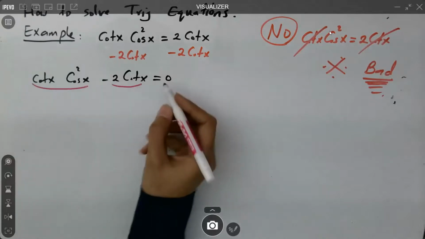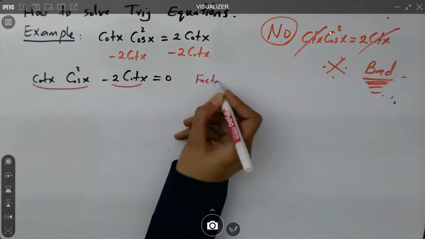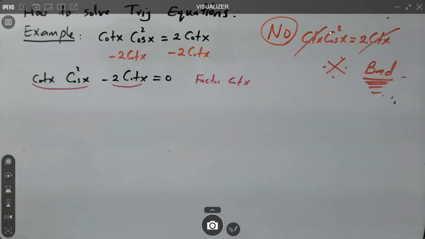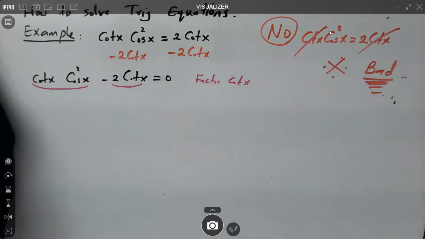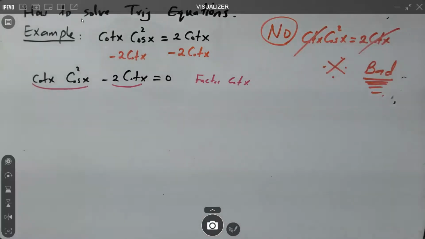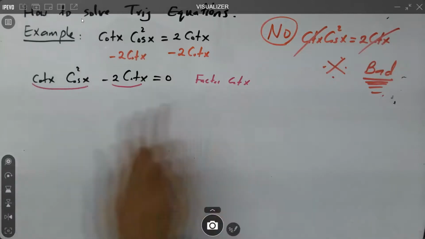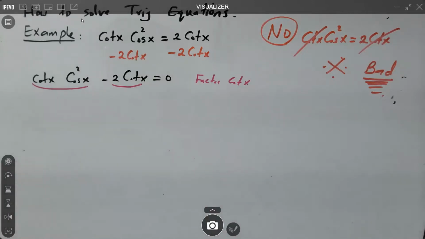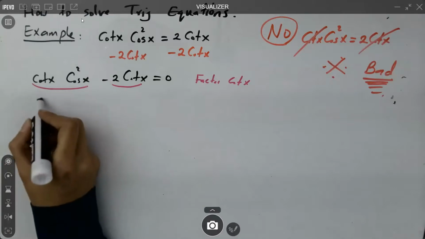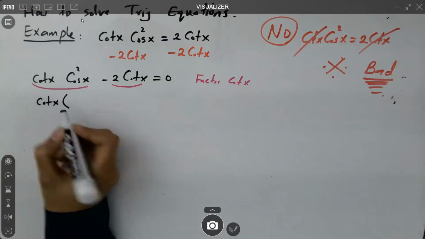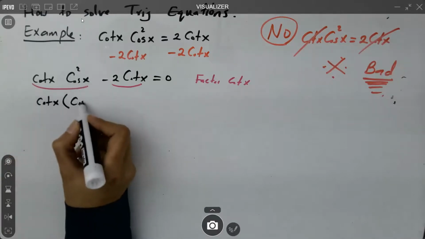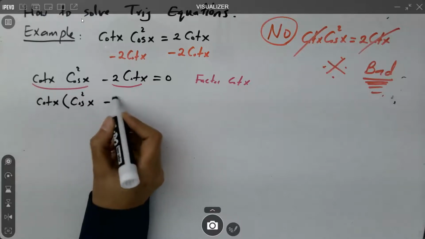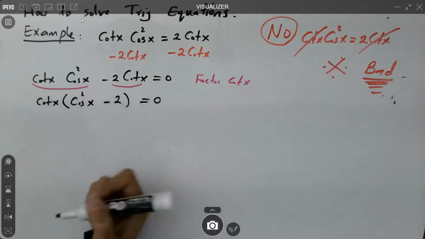Very good. So we're factoring out cotangent of x. What happens? We get cotangent of x outside parentheses, and cosine squared of x minus 2 inside, equal to 0.